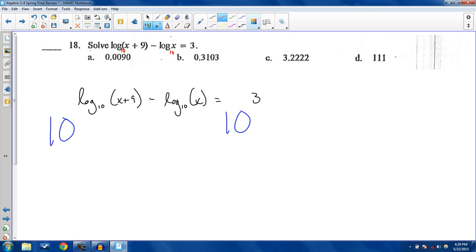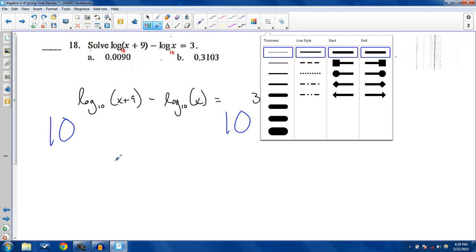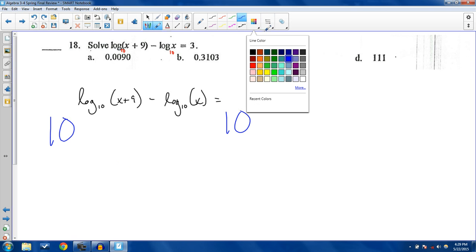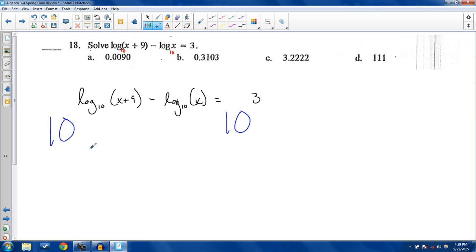I'm going to write this in red just so you know it's not true. This does not become x plus 9 minus x. This doesn't just cancel this out immediately. Because when you have exponents subtracted with a certain base, if you remember, you get to keep the base.